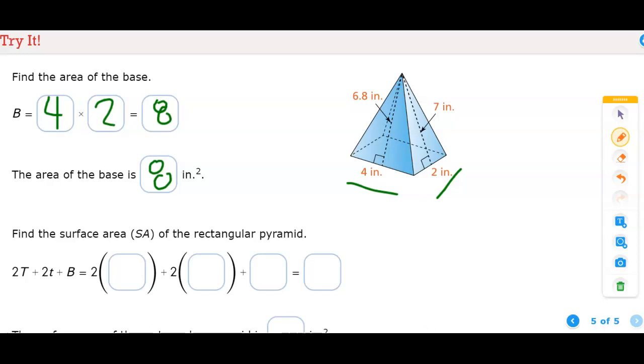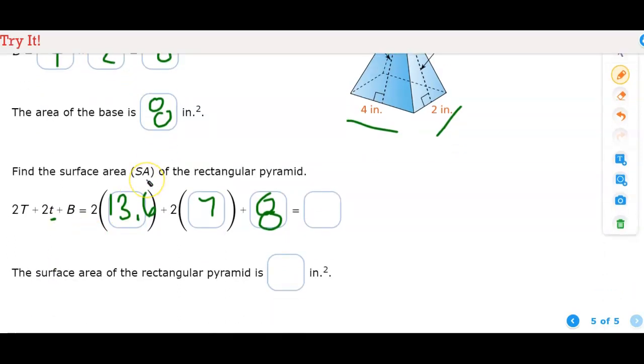And so now it says find the surface area of the rectangular pyramid using this formula: 2 times big T plus 2 times little t plus b. The base was 8, so I wrote in the 8. My big T was 13 6/10. My little t was 7. And now we have to multiply. 2 times 13 6/10 should be equal to 27 2/10.